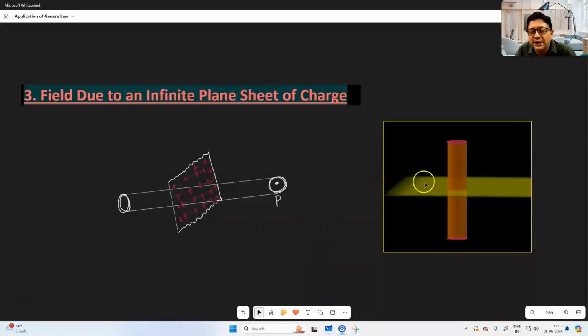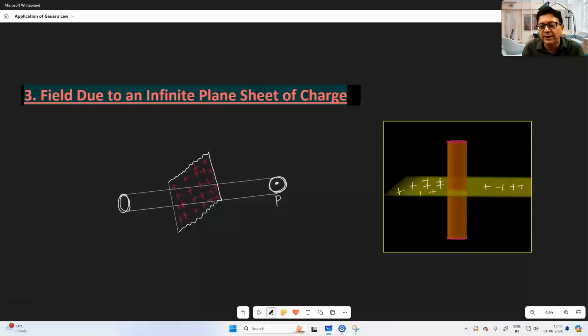To find the strength of the electric field at the point P, we are taking this cylinder as the Gaussian surface. To explain this, I have taken the help of this three-dimensional diagram, because you cannot always realize the three-dimensional concept here. That plane sheet of charge is there. Its surface density is given, equal to sigma, say.